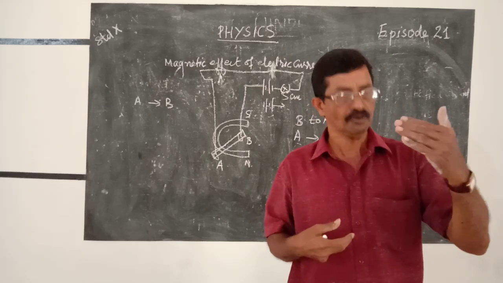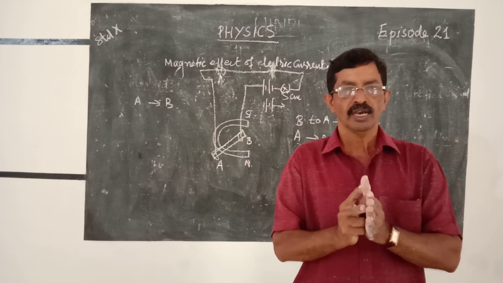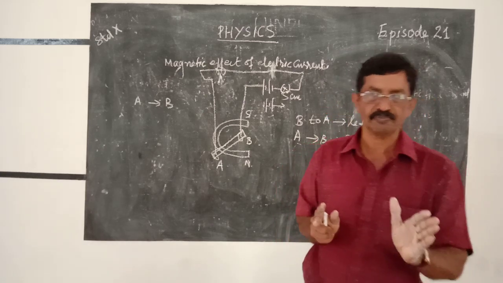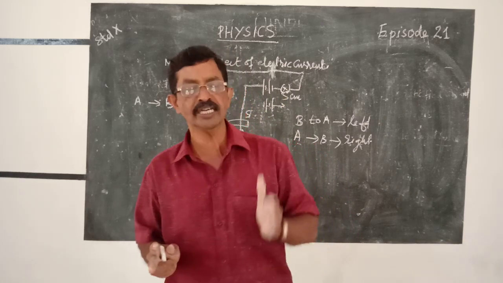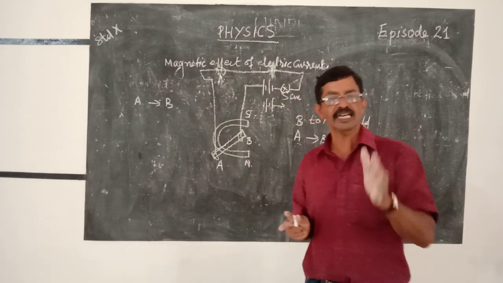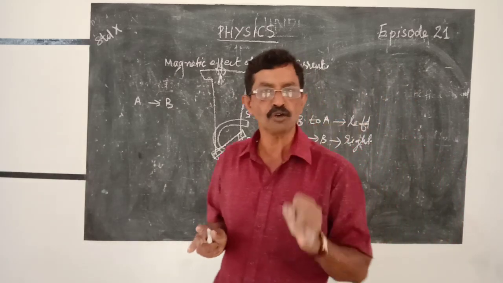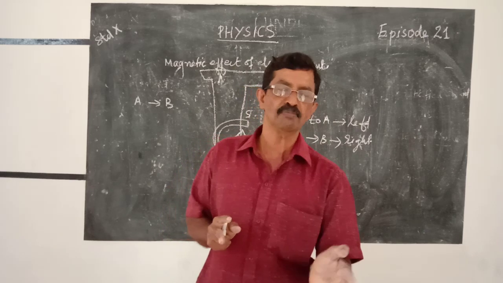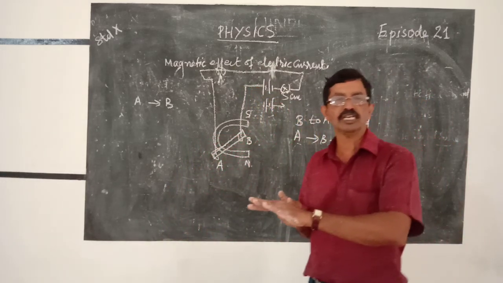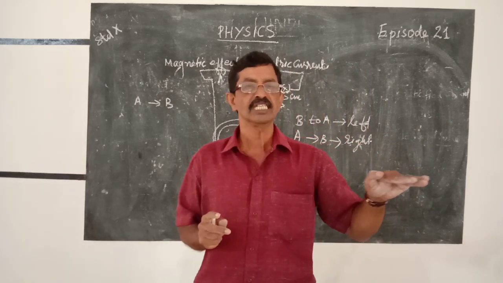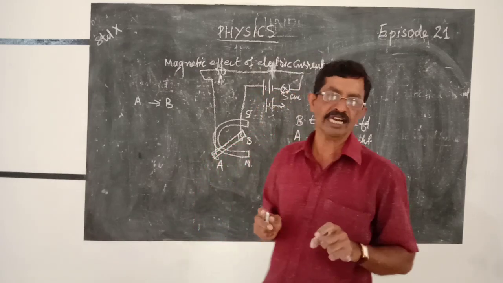Insulated copper wire wrapped closely in the shape of a cylinder is called a solenoid. When current passes through the solenoid, it behaves like a bar magnet, and its one end becomes north and the other end becomes south. And inside it, the magnetic field is uniform because magnetic field lines are parallel.